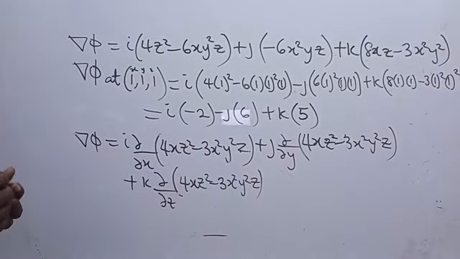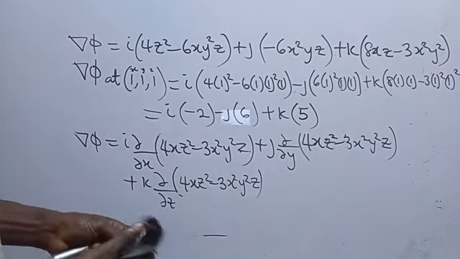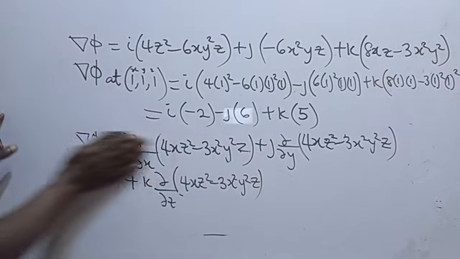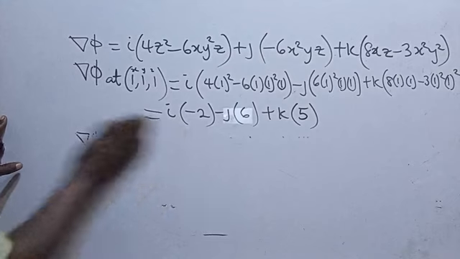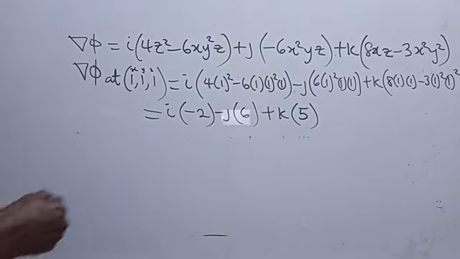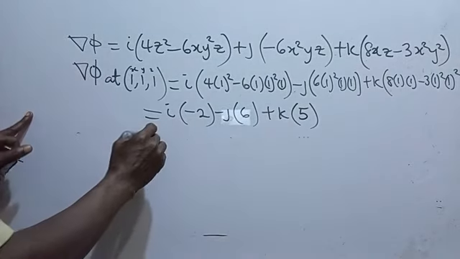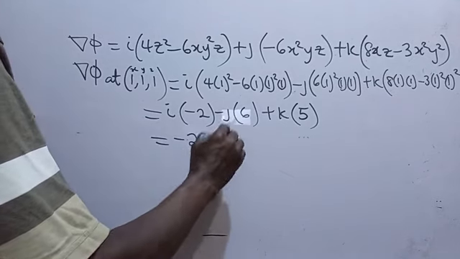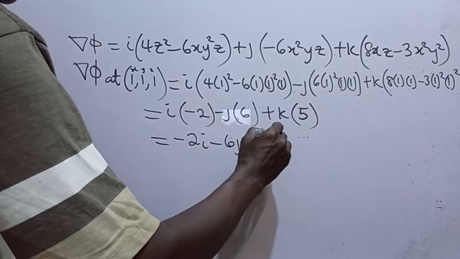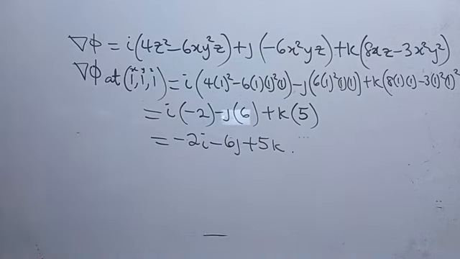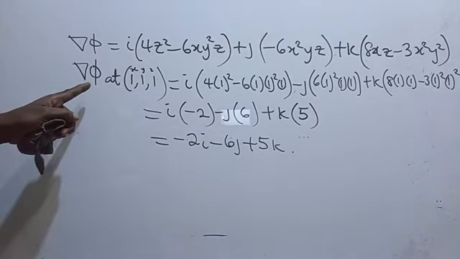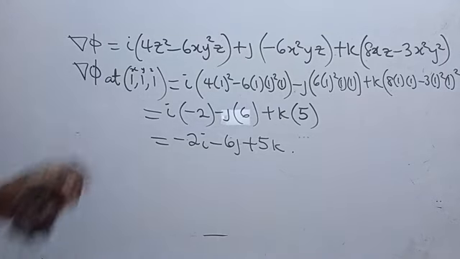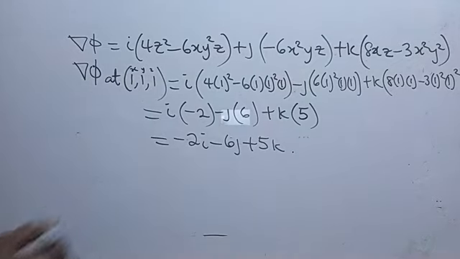So we can now write it out as minus 2i minus 6j plus 5k. So that is the value of the grad of phi at that point.